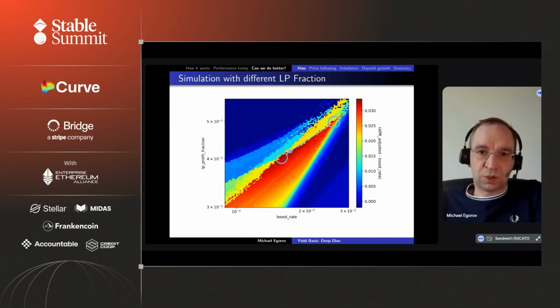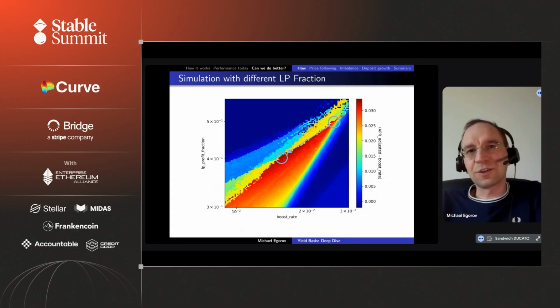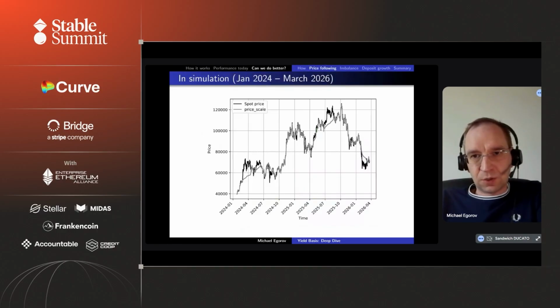If we have a compromise between more stable and earning more, we probably want more stable, actually. So let's see what it turned out to be. Same kind of graphs, liquidity concentration following the price graph. You can see it's going much better.